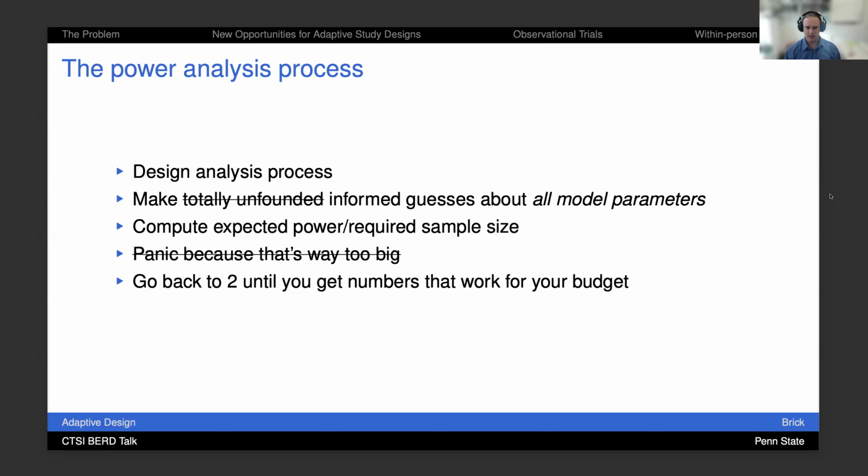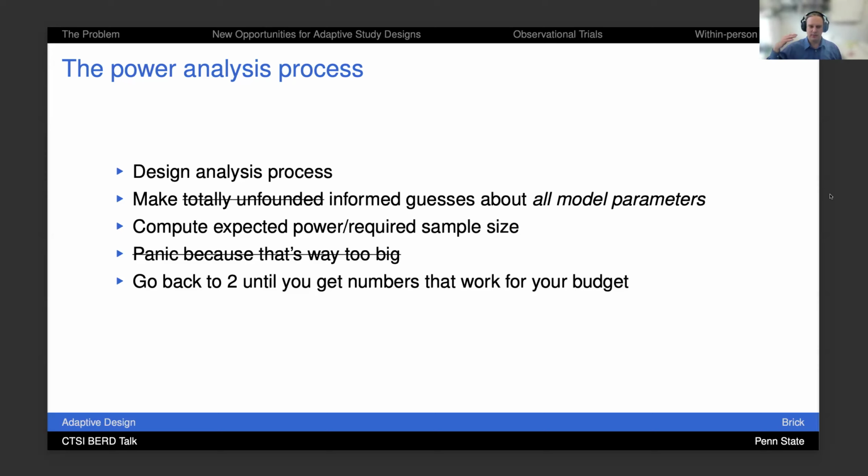Now, this is a longitudinal study. There's a whole lot going on in terms of covariates that may vary within person and between person. So we had to make guesses about how much within person and between person variability there was in our outcomes, and how much these covariates captured in terms of variability. And we used that to compute an expected sample size.